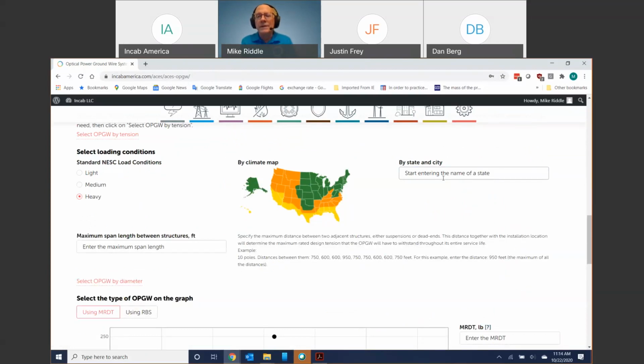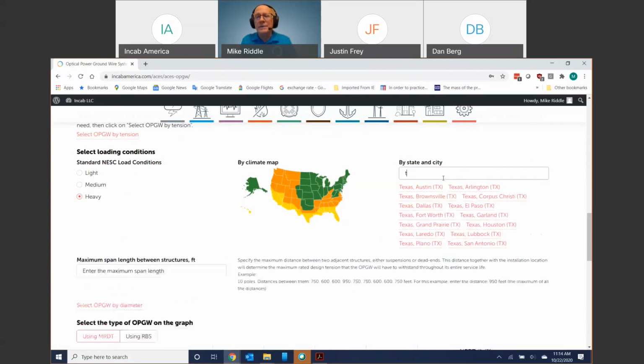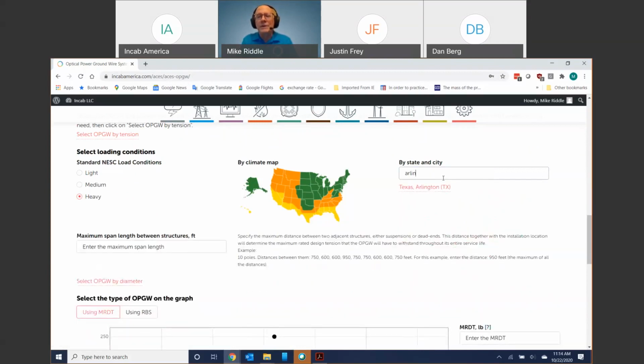Now, it says here, start by entering the name of a state, and it's true, that works that way. But you can also just start typing the city and it'll come up. Now, if you live in nowhere USA, maybe the city doesn't come up itself. Pick the closest major city. So we're located in Arlington, so I will pick Arlington.